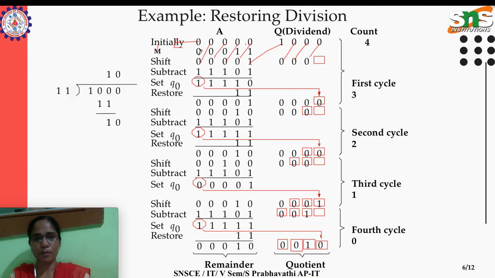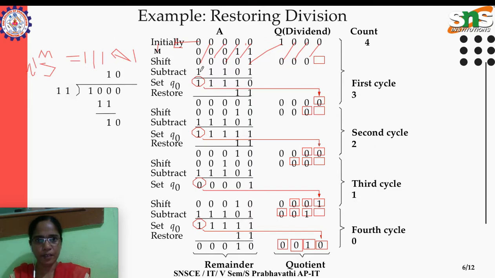M is 0 0 0 1 1, so the 2's complement of M is 1 1 1 0 1. This is the 2's complement of 00011. You can work it out: take the 1's complement and add 1, and you will get this answer.